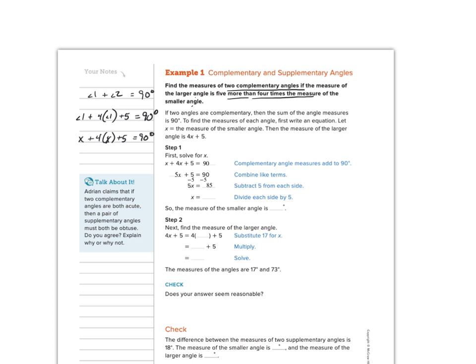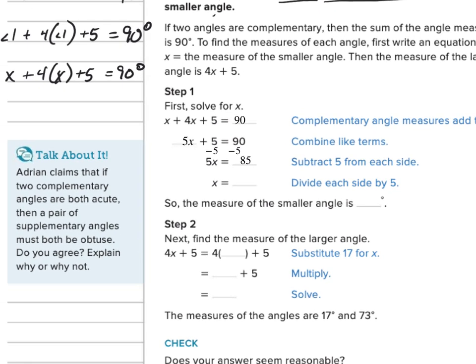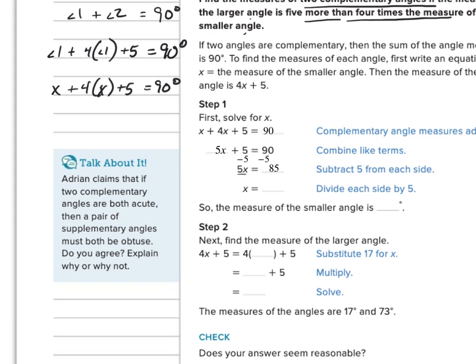So there you go. Combining like terms, x and 4x is 5x. 5x plus 5 is equal to 90. They subtracted 5 from both sides. 5x equals 85. And then when we divide both sides by 5, right, divide by the coefficient, x is going to be equal to 17.